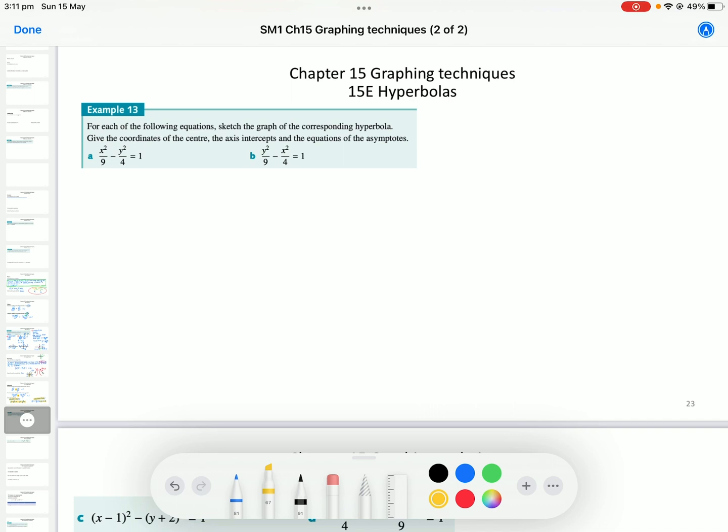The examples that we're going to do, the first one's with a centre 0, 0, because we haven't moved across. So that's like the ellipses. And the asymptotes we said were at, well, what have we got? We've got A equals 3. Let's write that down. A is 3 and B is 4.